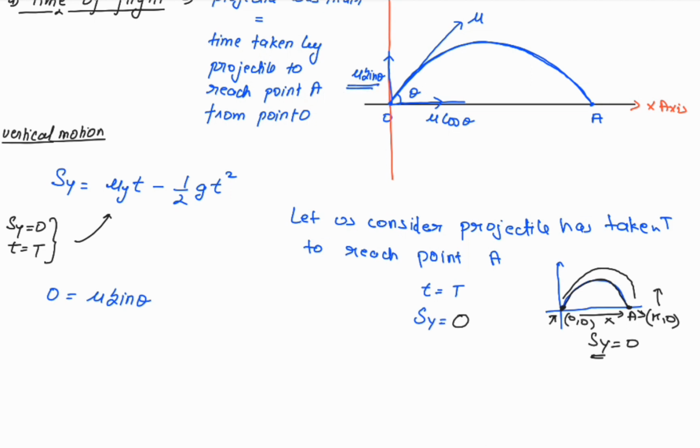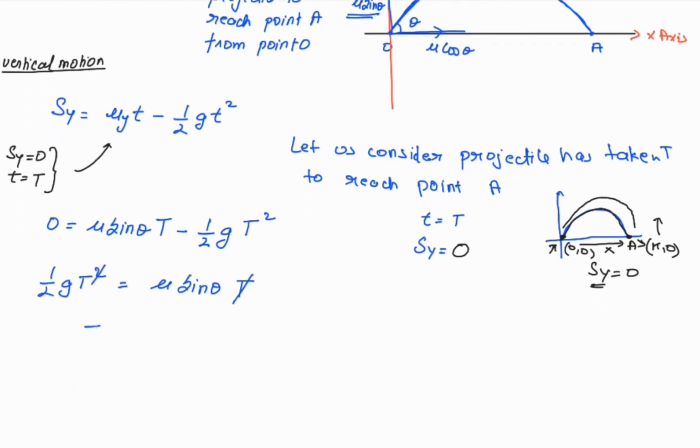So 0 = u sine theta capital T minus half g capital T square. Now solve it. Half g capital T square is equal to u sine theta capital T. T and T square got cancelled. From here you will get T is going to be 2 u sine theta divided by g, taking the 2 on this side.